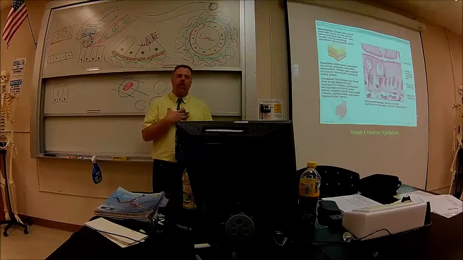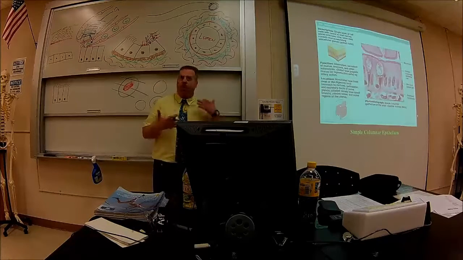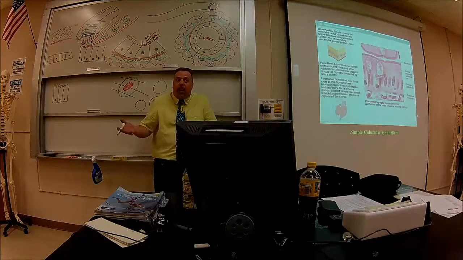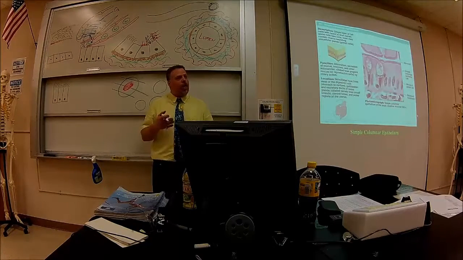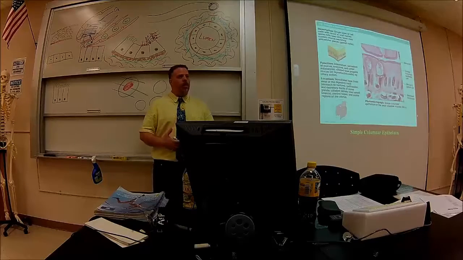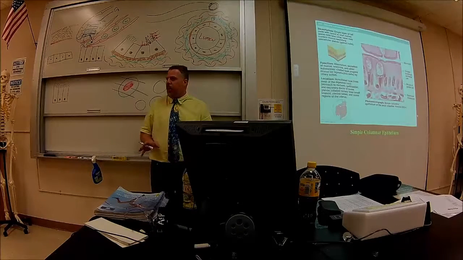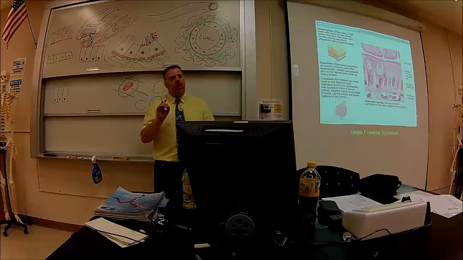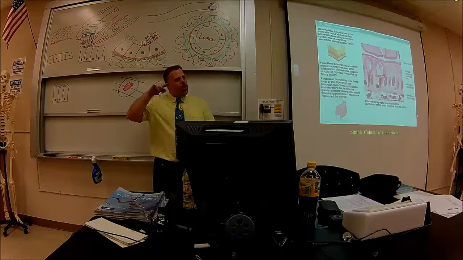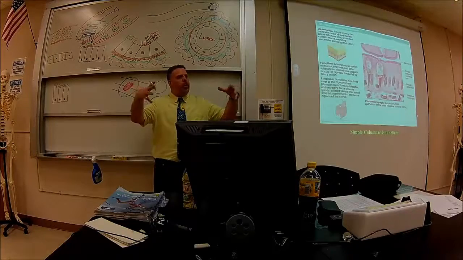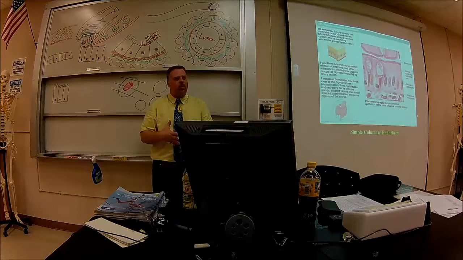Not the esophagus, not the oral cavity. So if I ask you where it is, you can't say digestive system, because you're talking about the salivary glands, you know what I'm saying? Are you talking about the esophagus? You've got to be specific. Stomach, large intestines, small intestines, that's fine. The gallbladder too, for that matter. These would have microvilli because that's where you're going to have absorption taking place.